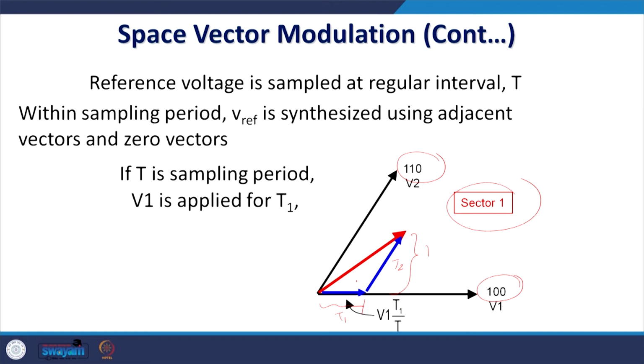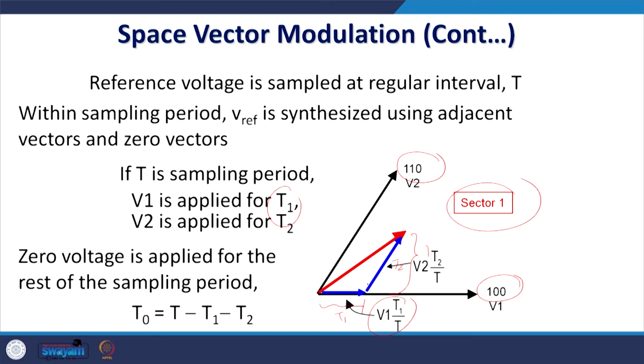So, if T is the sample period and V1 is applied for T1, then ultimately V1 T1 by T will be this amount. Similarly, V2 is applied for the time T2 and V2 T2 by T will be this reference voltage vector.